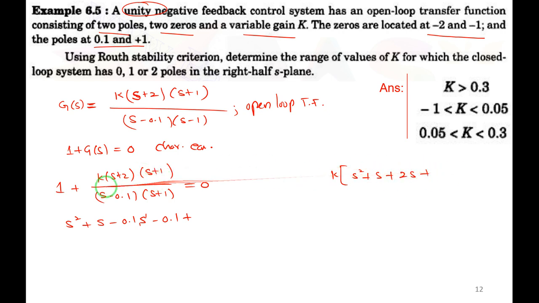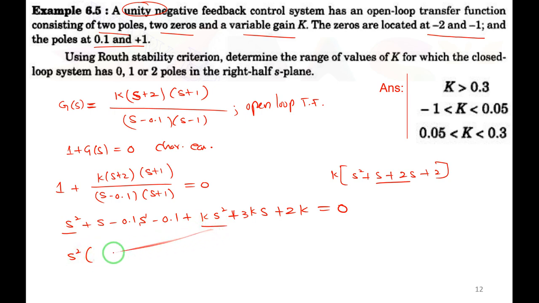Multiplying k: ks square plus 2ks plus ks, so 3ks, plus 2k equal to 0. We'll separate out the s square terms on one side. So what will I get? K plus 1, or 1 plus k, whatever it is, k plus 1. Then separate the s terms on one side.